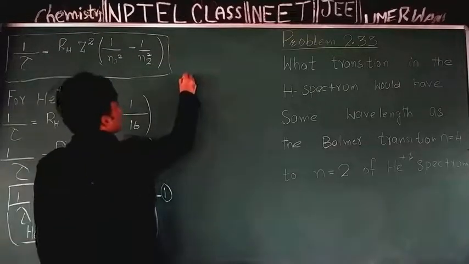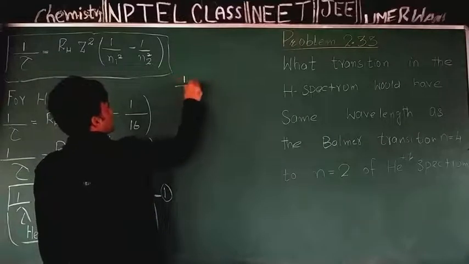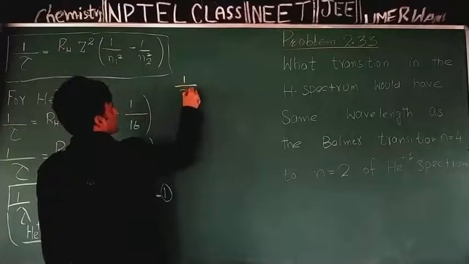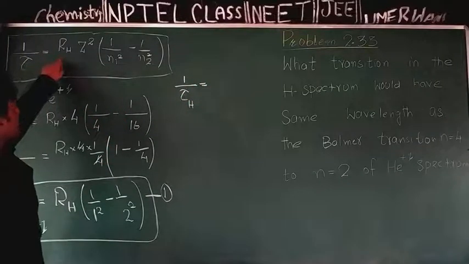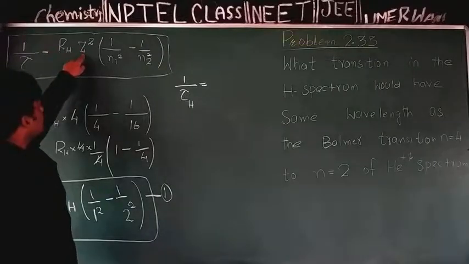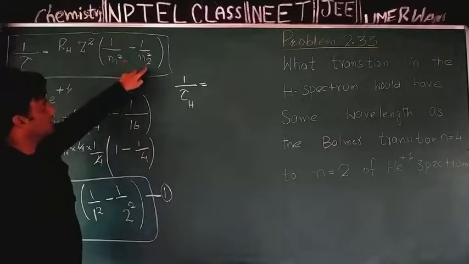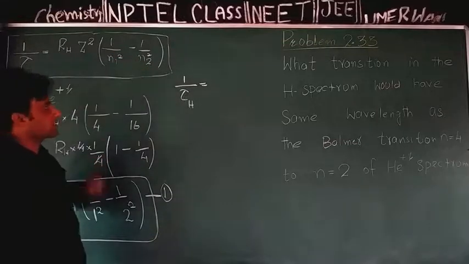Similarly, I can write the wavelength of quantum of radiation emitted in case of hydrogen atom. I will apply this equation again, but for hydrogen atom Z is 1. 1 square will become equal to 1, and I have to define N1 and N2. N1 and N2 are not defined for hydrogen atom.